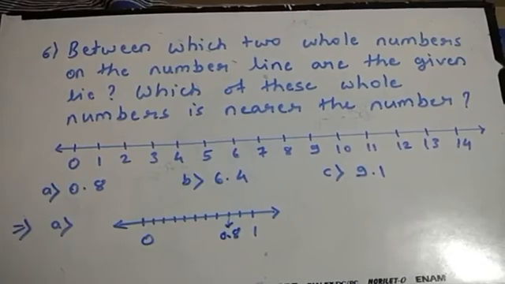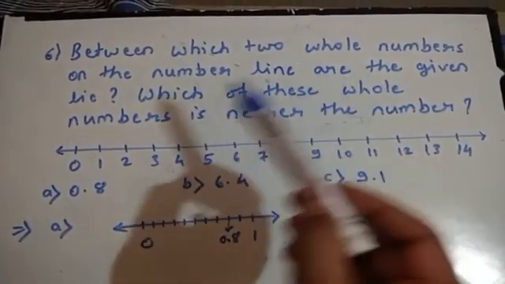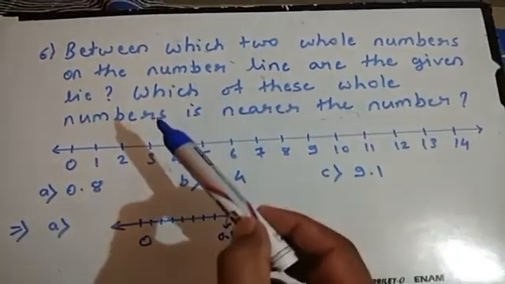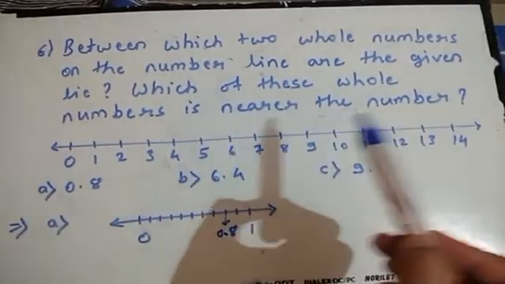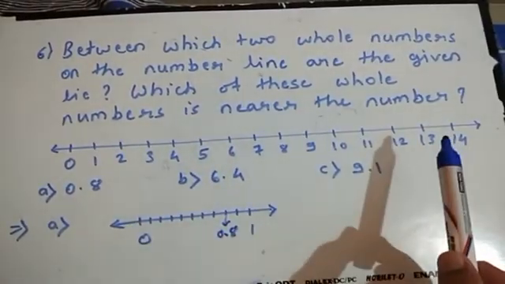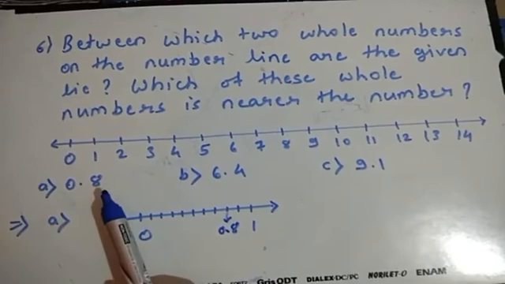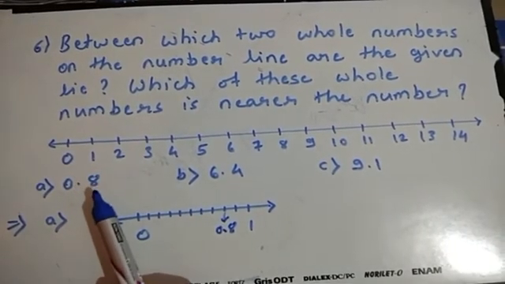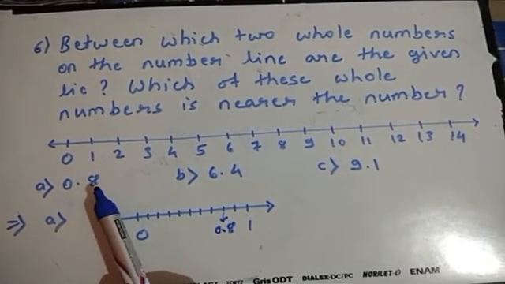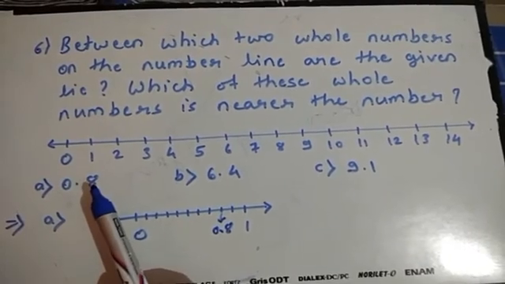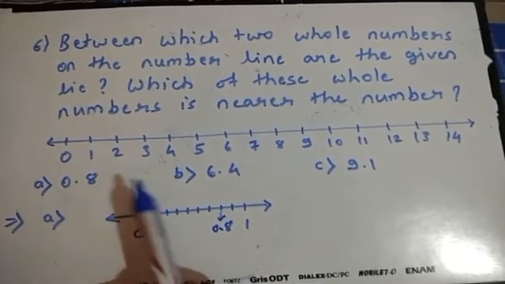Now next question is, between which two whole numbers on the number line does the given number lie? Which of these whole numbers is nearer the number? Now this is the number line. First example is 0.8. Now 0.8 lies between which two whole numbers? We know that 0.8 lies between 0 to 1.